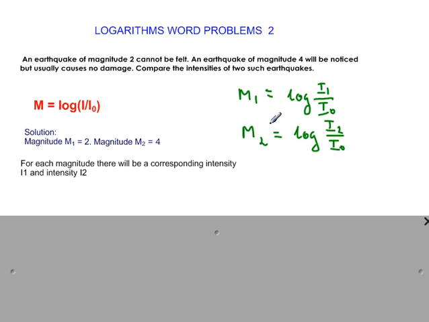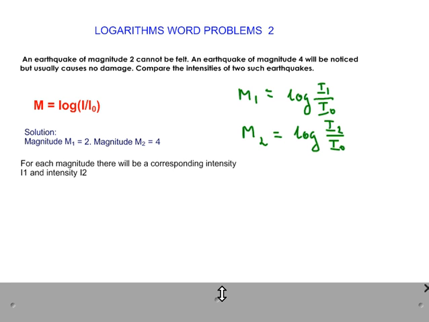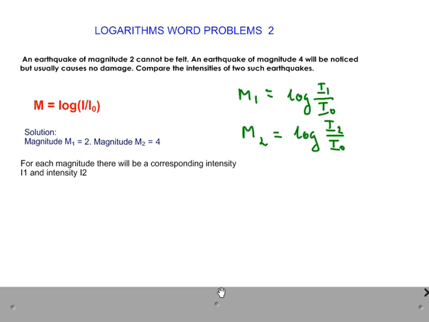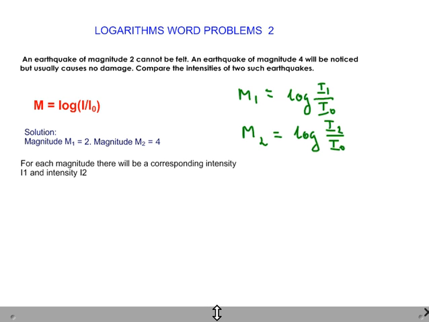So knowing the value of the left side for each equation, we can create a system of equations and solve them, to find how I1 and I2 compare.